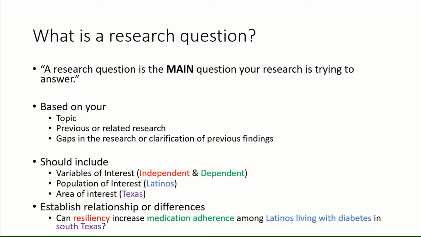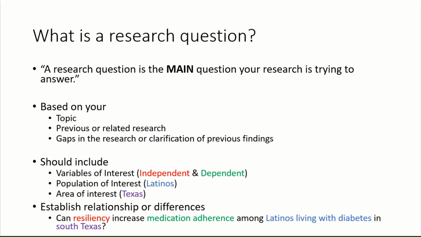So, dissimilar to many terms that are talked about in research and statistics, a research question is exactly what it sounds like. It is the main question your research is trying to answer. And a research question is based on three main things: your topic of interest, previous or related research.